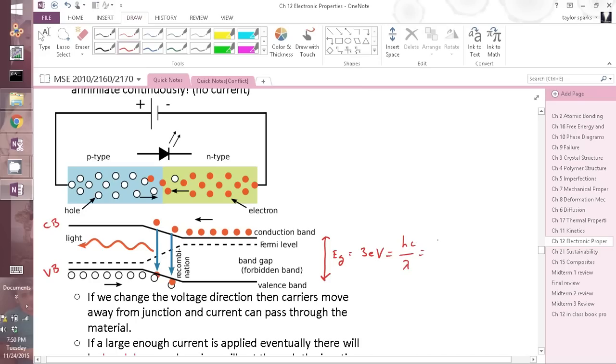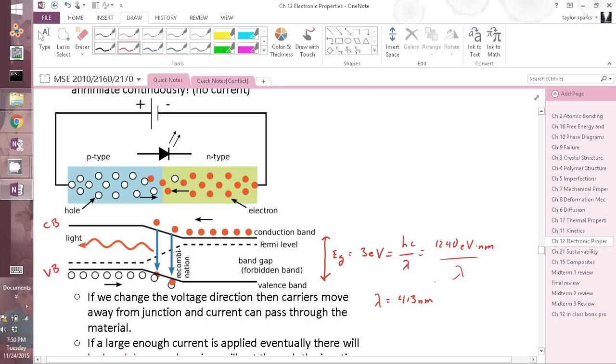And that's 1240 electron volt nanometers divided by lambda. When we punch that into our calculator, we can calculate what color of light that ought to be by figuring out what the wavelength is. So 1240 divided by 3, that means that our wavelength of light is 413 nanometers. So lambda equals 413 nanometers.